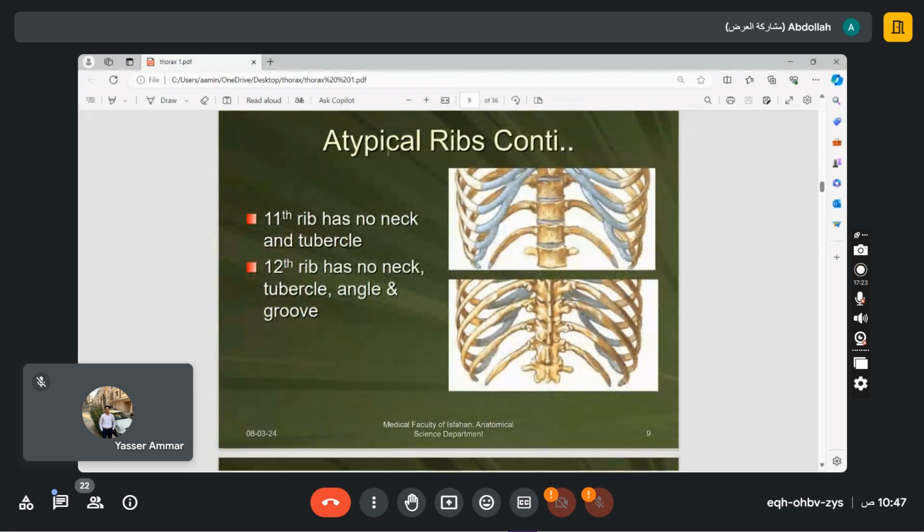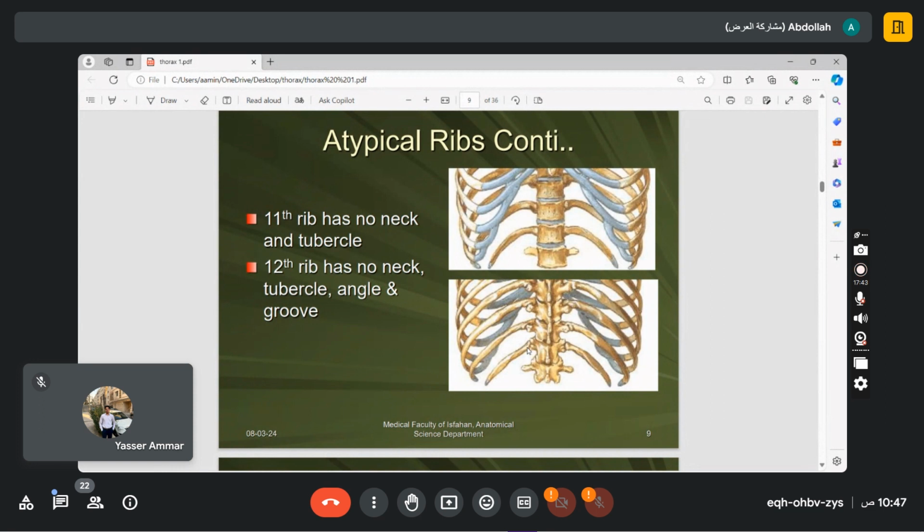Okay, another typical rib group, including the 11th rib, has no neck and tubercle. This is 11 and this is 12. The 11th doesn't have a neck or a tubercle.